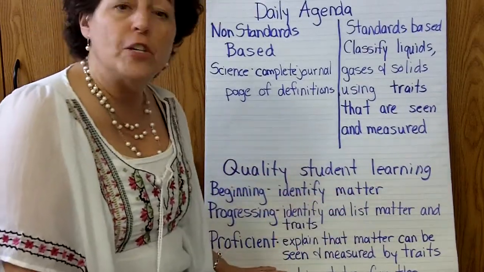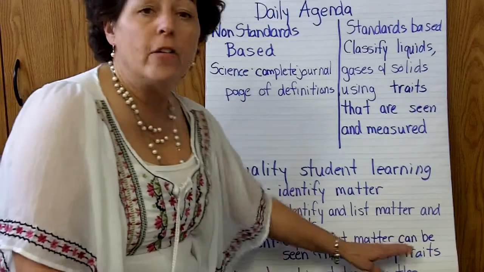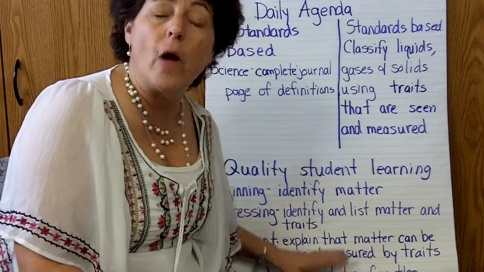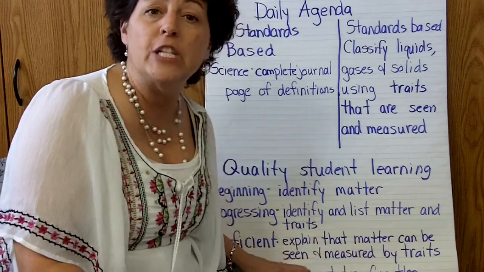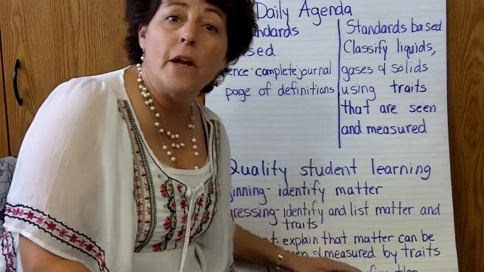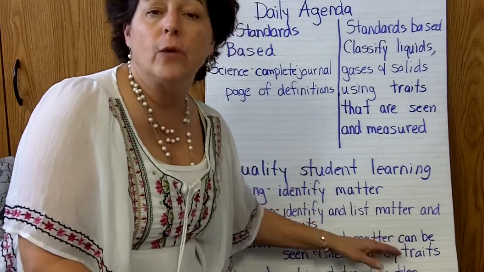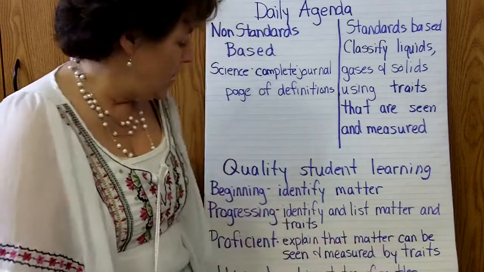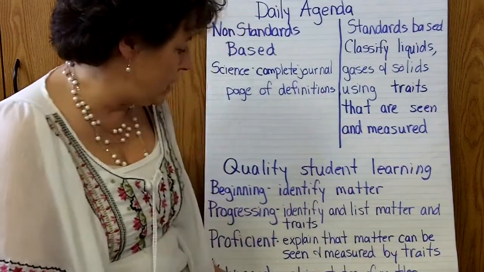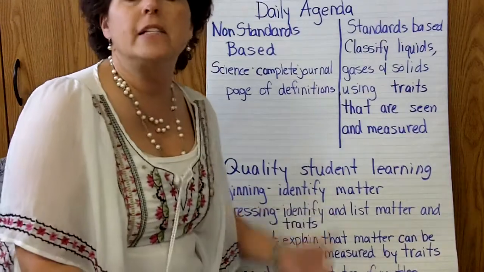Then if they want to be proficient, they're going to explain that matter can be seen and measured by their traits. And you're going to talk about what do you see. They'll be able to explain to you, what do you see in liquid, gas, and solids? How can you measure liquids, gases, and solids? And then if you want them to be advanced, which is where we all are trying to reach our students, they're going to be able to explain states of matter.